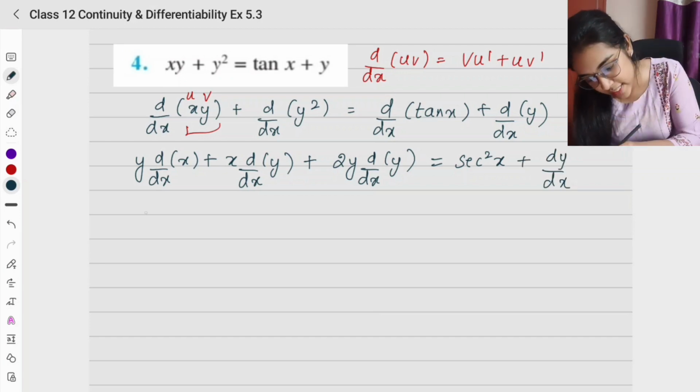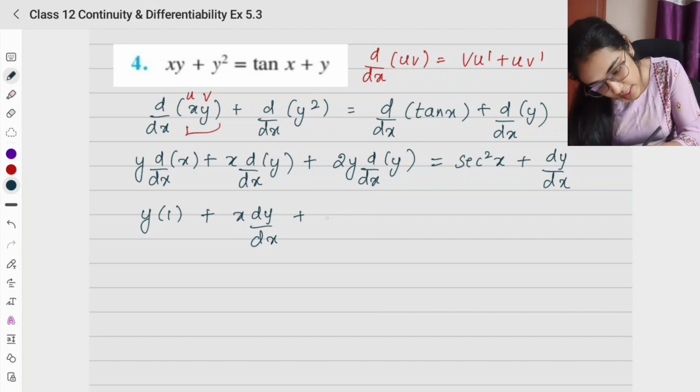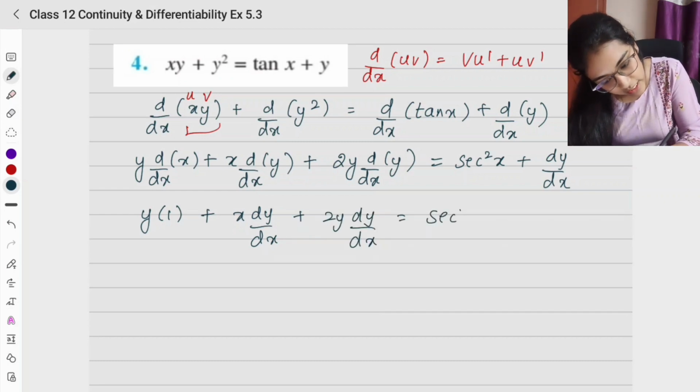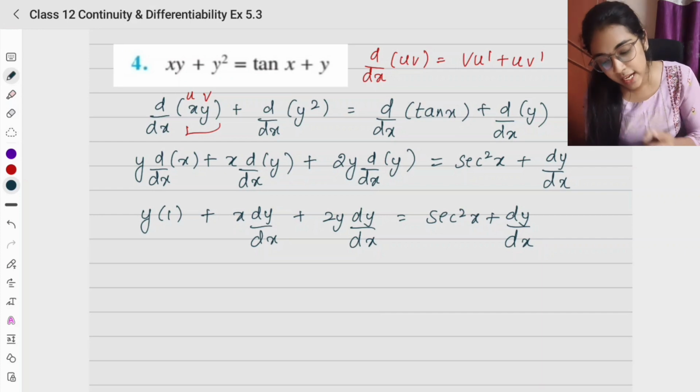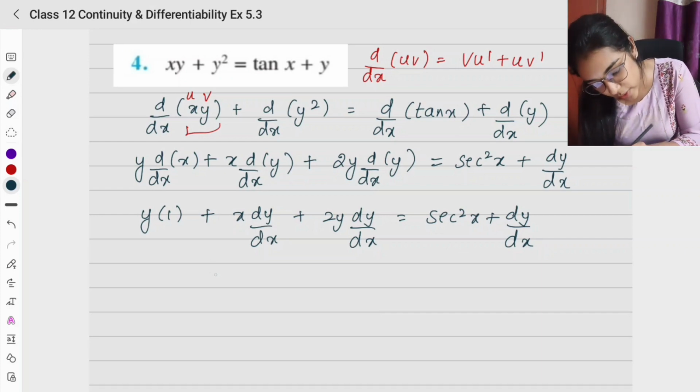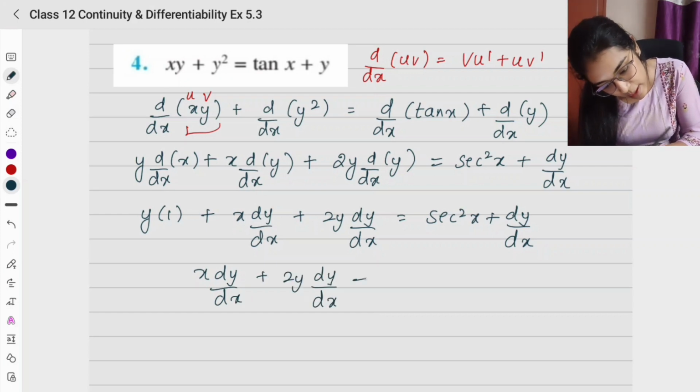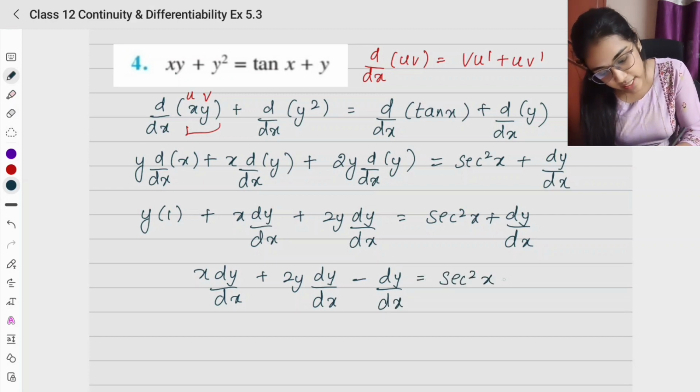Okay. So next step, y times d by dx of x is going to be simply 1 plus x times dy by dx plus 2y dy by dx is equal to secant square x plus dy divided by dx. So clubbing the terms which have dy by dx on one side and the other terms on the other side. Taking them across, I have x times dy by dx plus 2y dy by dx minus dy by dx is equal to secant square x minus y.